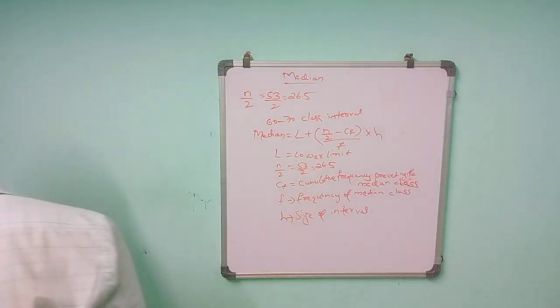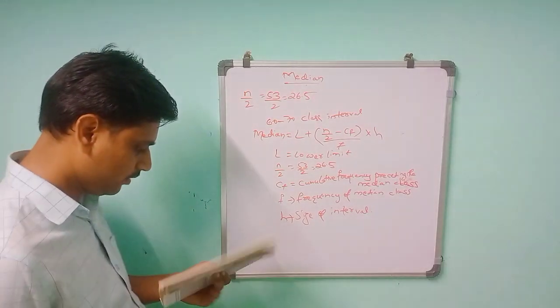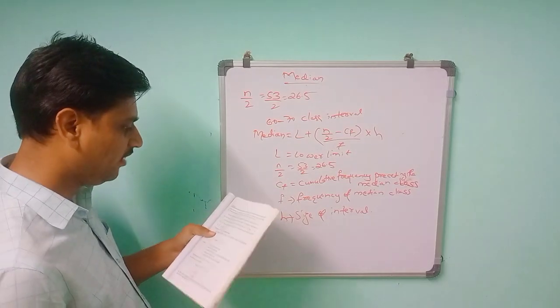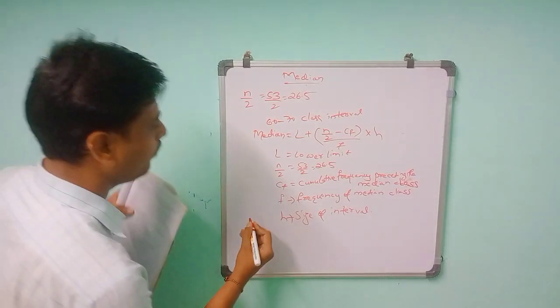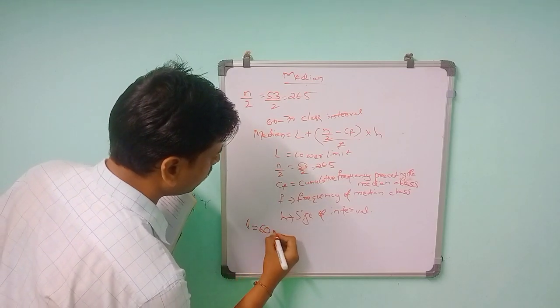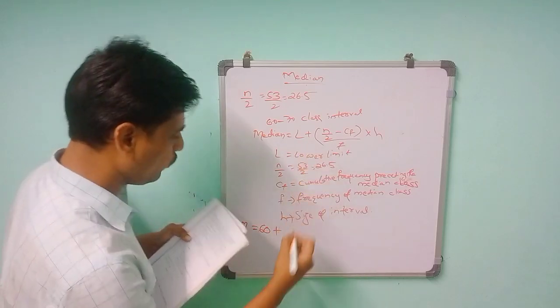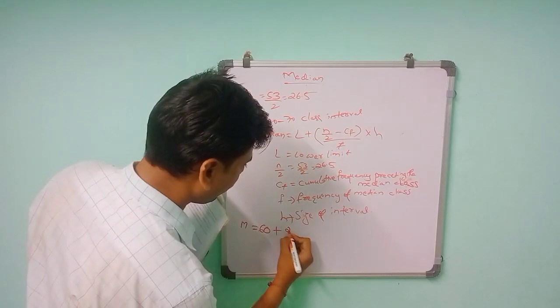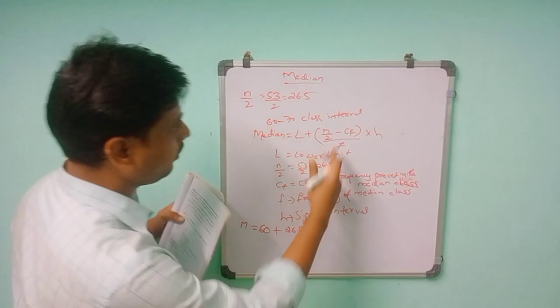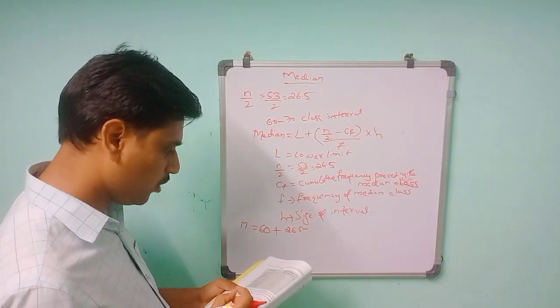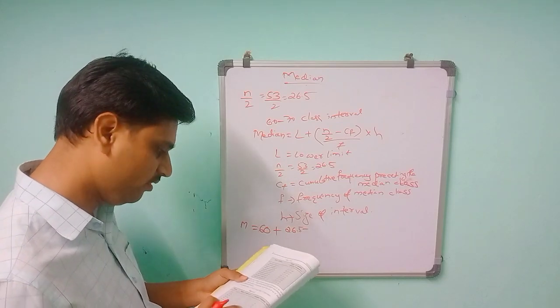So for this problem, the given value n by 2 is 26.5 and L is 60, since the class is 60 to 70. So median is L plus n by 2, which is 26.5, minus the cumulative frequency. As you see in the table, the cumulative frequency preceding 60 to 70 is 22.